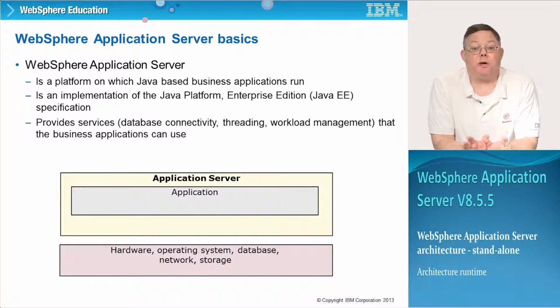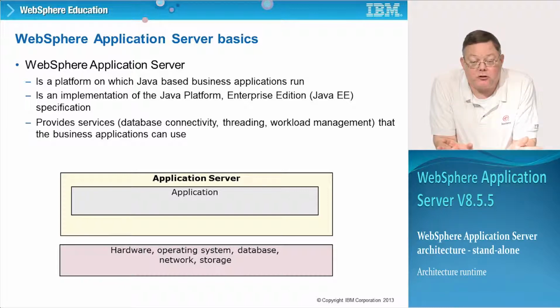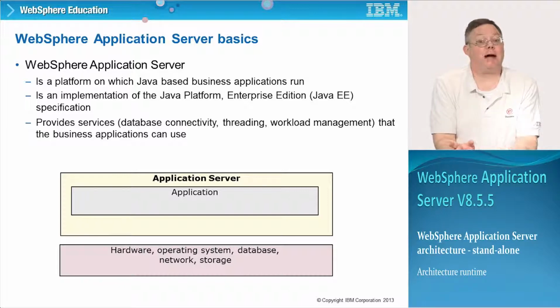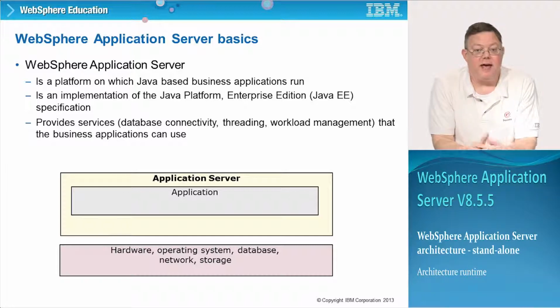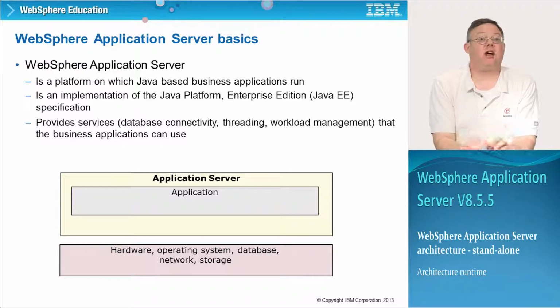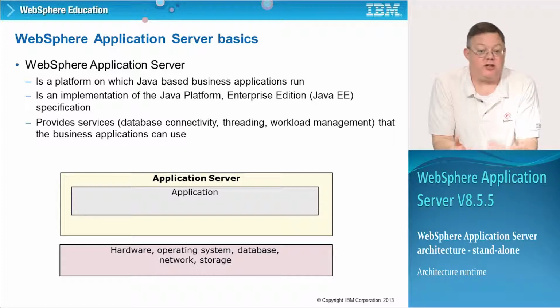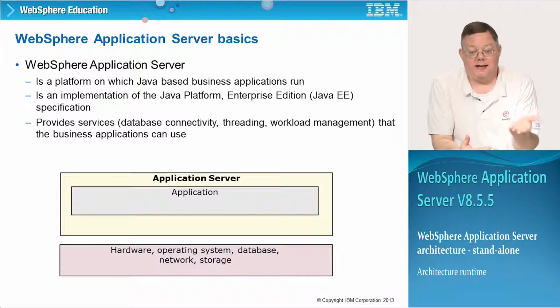So if we look at it from the big perspective, we have an application platform, WebSphere Application Server, running on top of an operating system or some other type of platform like VMware, running a Linux or a VMware container. And that platform then itself hosts applications, offering up the services that it provides, acting as a bridge between the underlying operating system and the actual applications running within the JEE container.